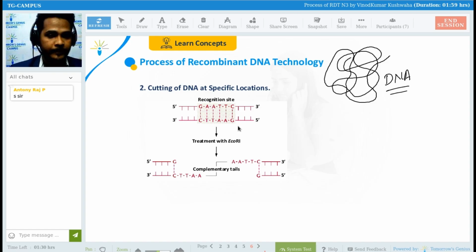Sir, is that isolated DNA purified DNA? Yes. See, this is your purified DNA. Purified means now this DNA is free from other macromolecules, because your interest is to isolate the desired genetic material.